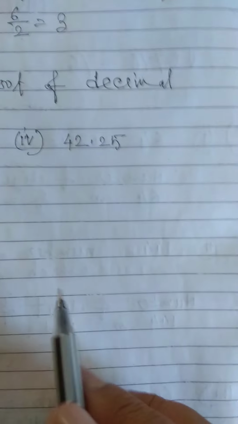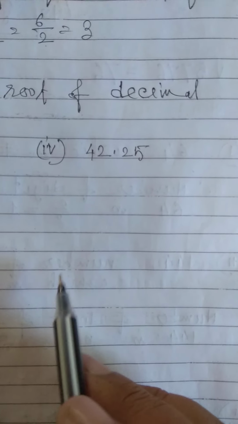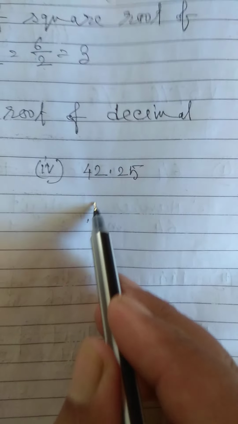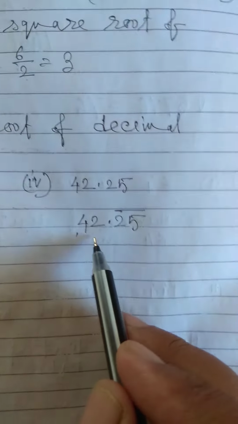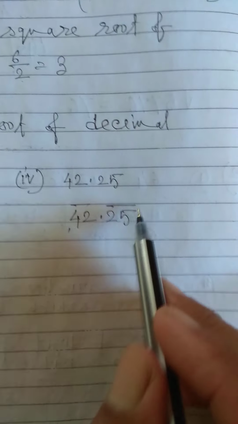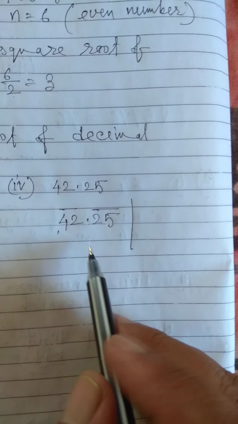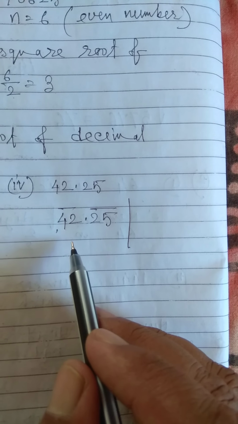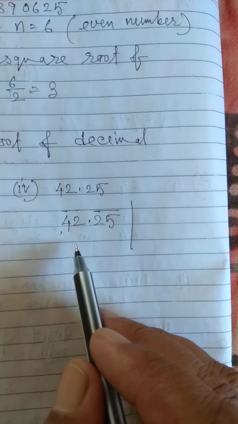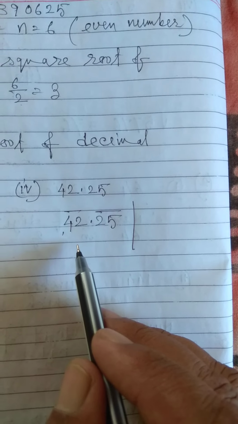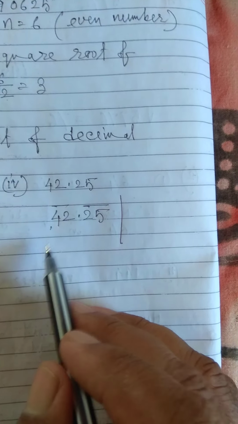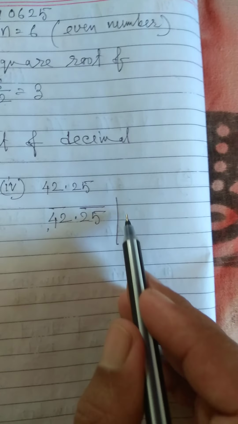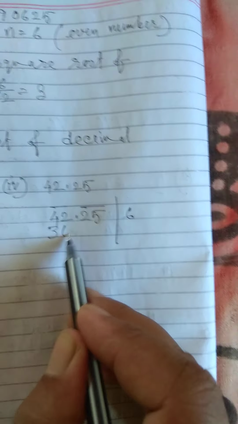One more. 42.25. After decimal pair of digit, before decimal pair of digit. Now start division. 2 2s are 4, 3 3s are 9, 4 4s are 16, 5 5 25, 6 6 are 36, 7 7 are 49 is more than 42. So it is 6 6 are 36.